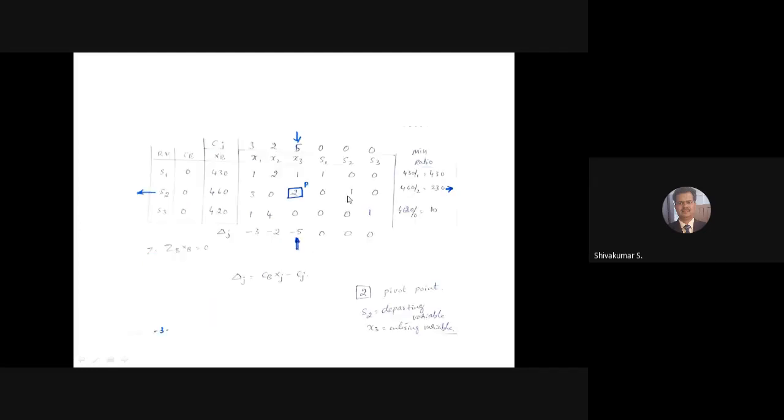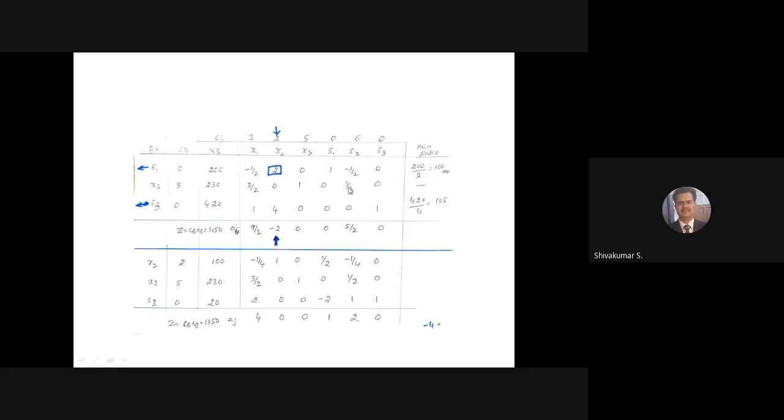S2: you have here 0, you have half, so half into minus 1, minus half. Remember here, you are going to make only pivot point 1 and the remaining values in the corresponding columns as 0 only. That's why, to make this 0, you have multiplied the entire row by minus 1.